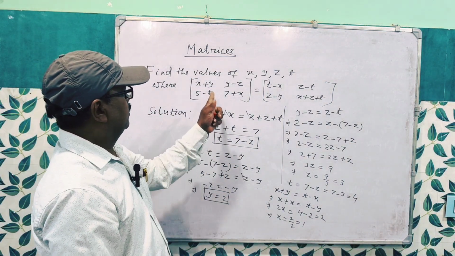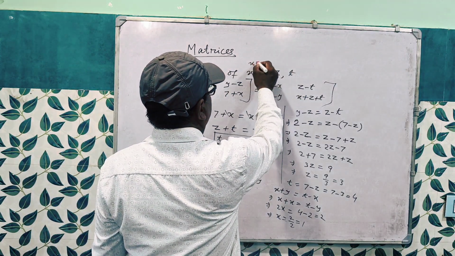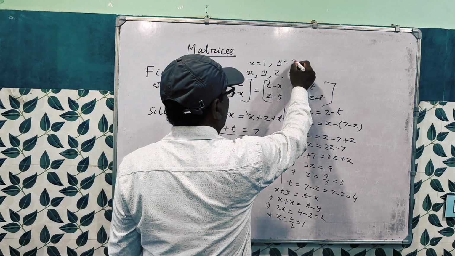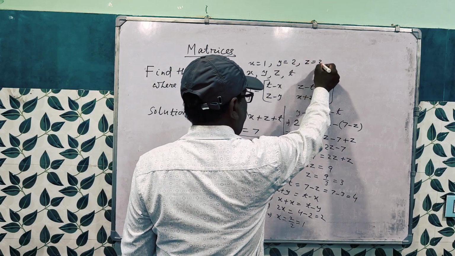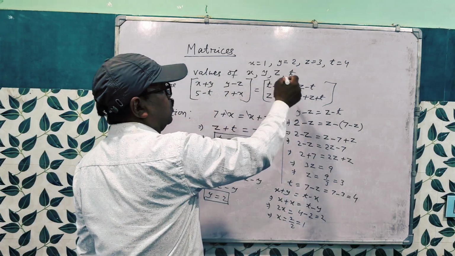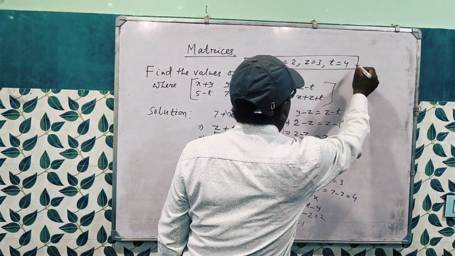So all the four values we have got. x is equal to 1, y is equal to 2, z is equal to 3 and t is equal to 4. This is our solution. Clear?